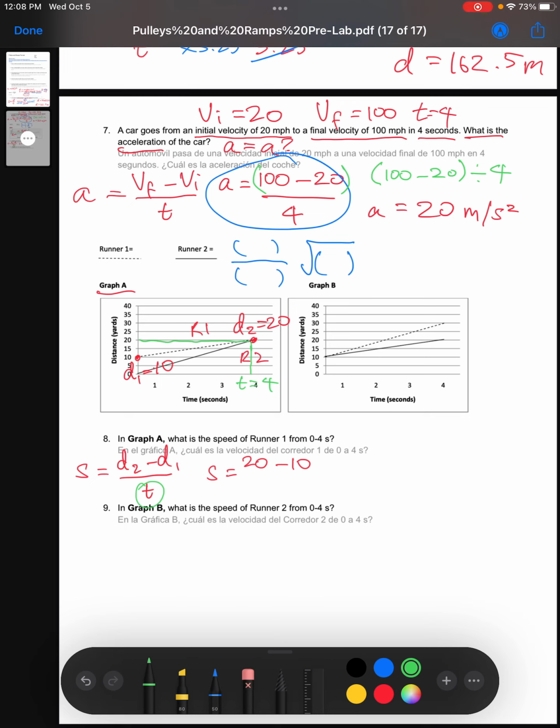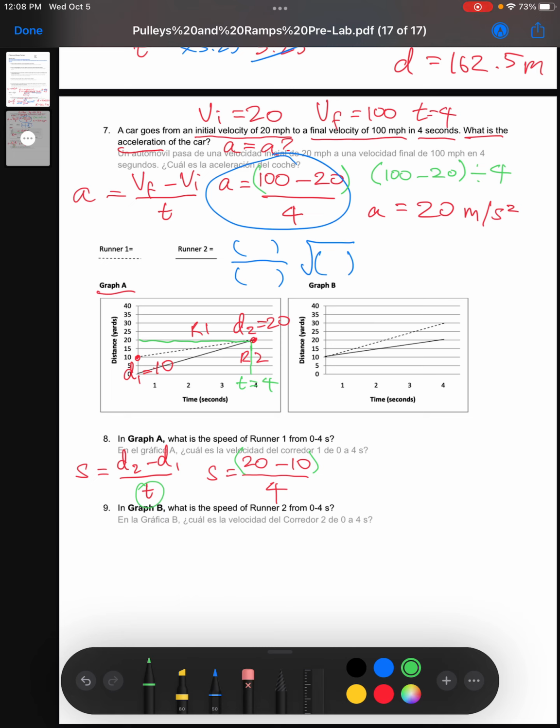So in our equation, we can write divided by 4. Where should we put parentheses in this equation to solve it? We need to put parentheses here.